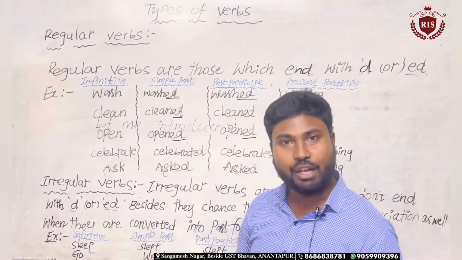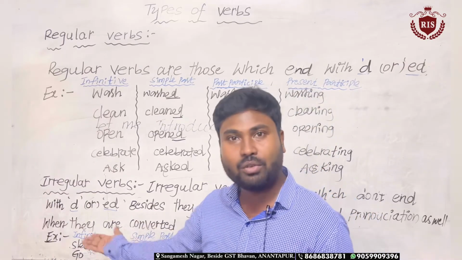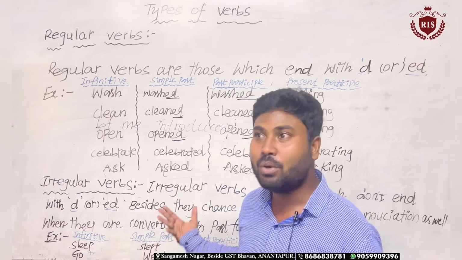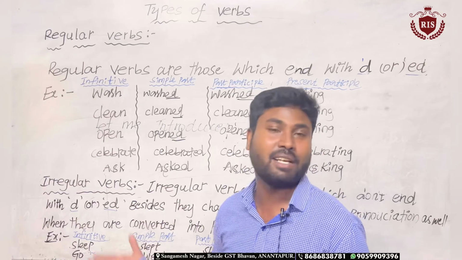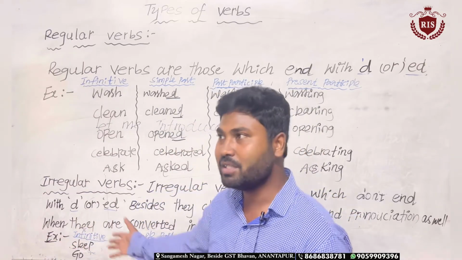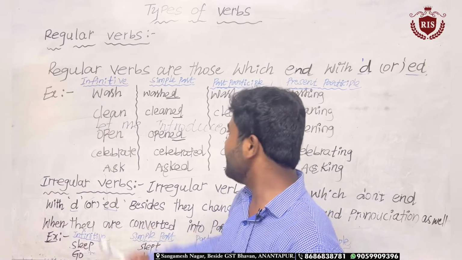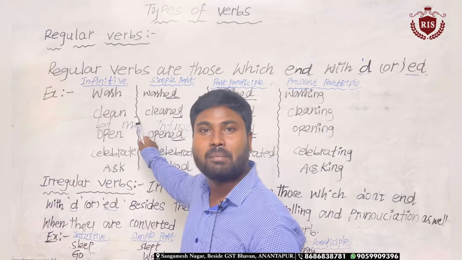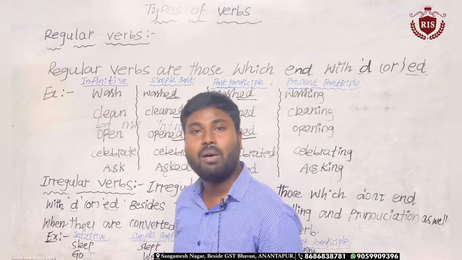And let us look at the second example. Go is the infinitive form of the verb. When you convert go into the simple past, it became went. Okay, there is no connection even relating with go verb, right? So we feel in that way because there is go and here is went. Here is clean, cleaned. At least something related here, pronunciation. But here go, went.